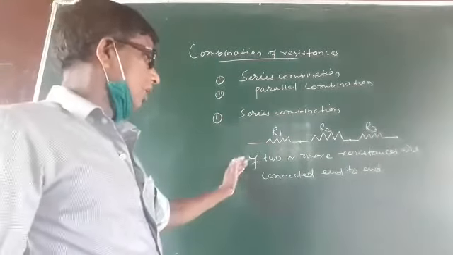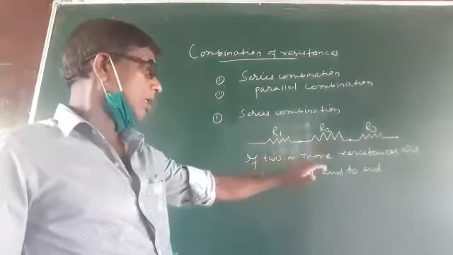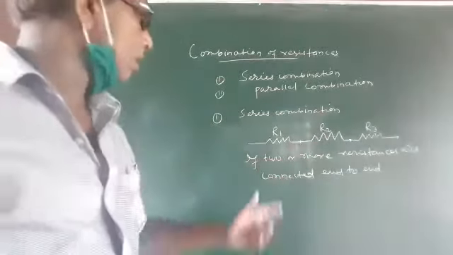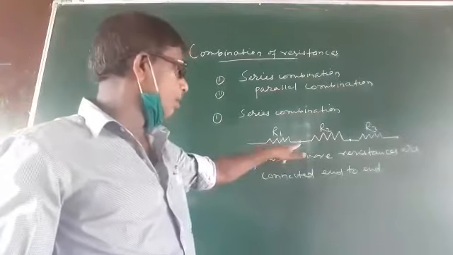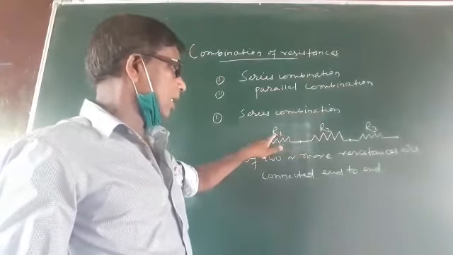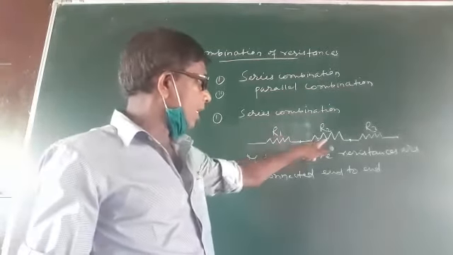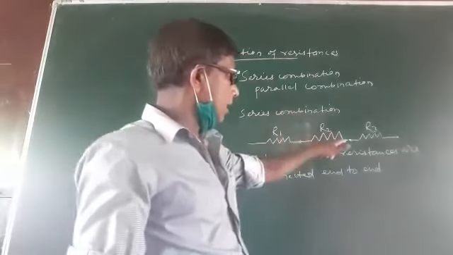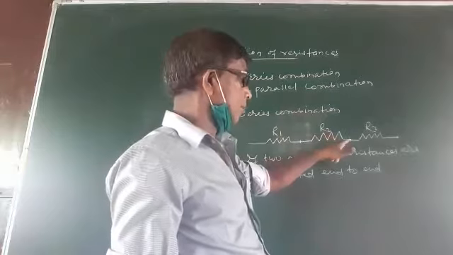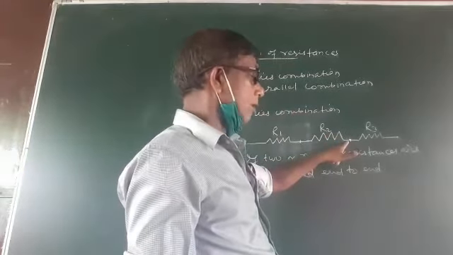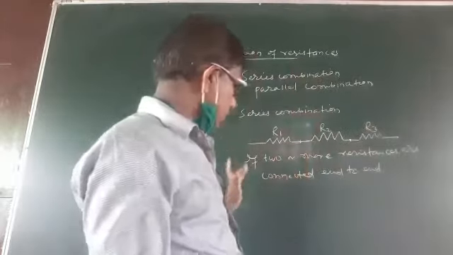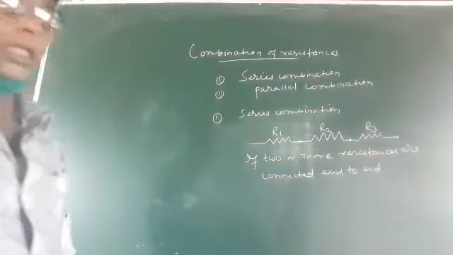This means if the second end of the first resistance is connected to the first end of the second resistance, and the second end of the second resistance is connected to the first end of the third resistance, this is known as series combination.